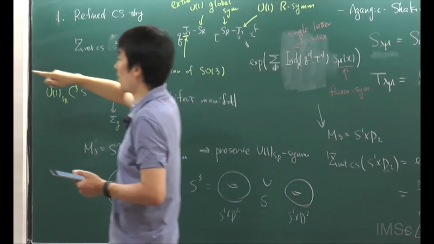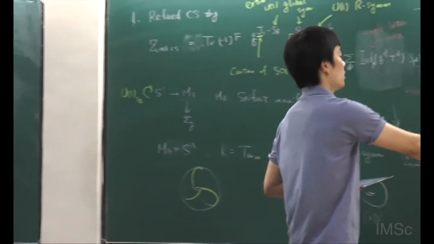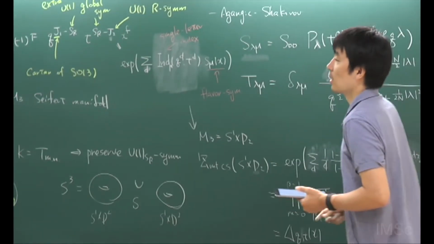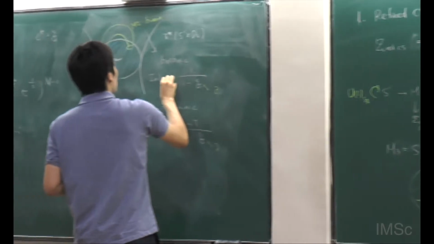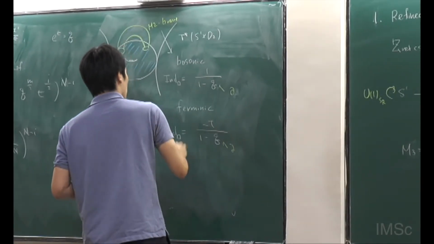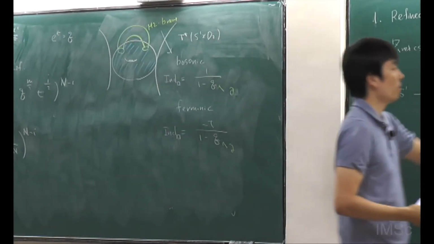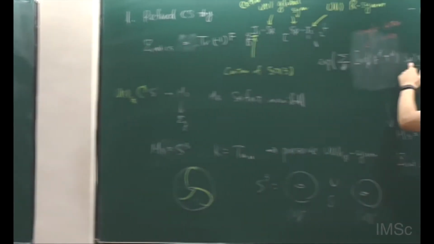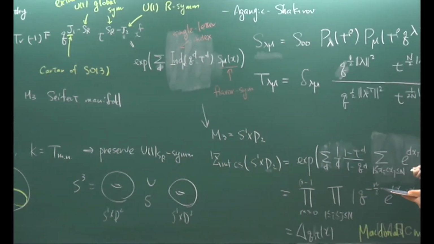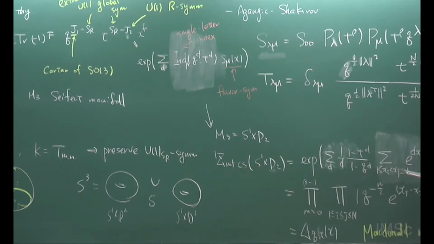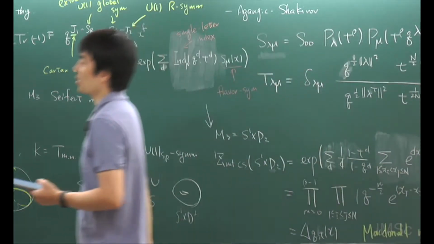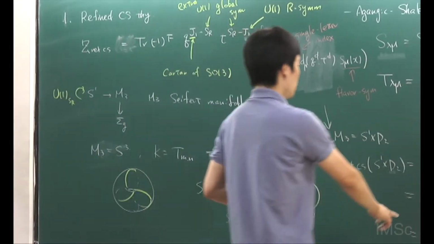If you sum them up, what you get is this part of the index, and everything is actually colored by only single boxes. Therefore, if you substitute a single box, what you get is this one. That's what Shakirov mentioned. So this is what you're going to get, the Macdonald measure.